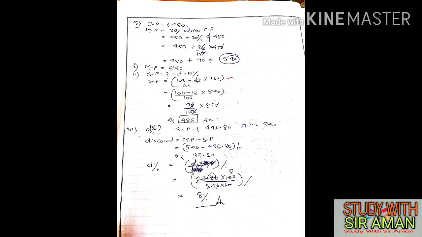Okay, then discount percent, discount into 100 by marked price. Do calculation, your answer will come. Those who are having a little bit of problem, you rewind, go back, read the question, listen to the question, try to understand the question, then see the solution. Okay, you will understand.